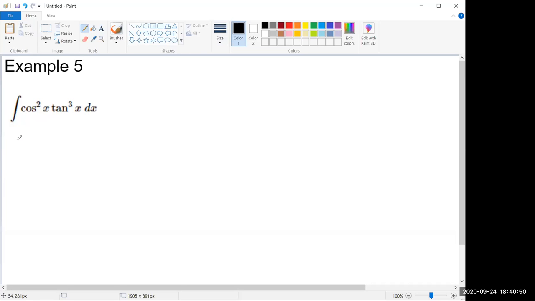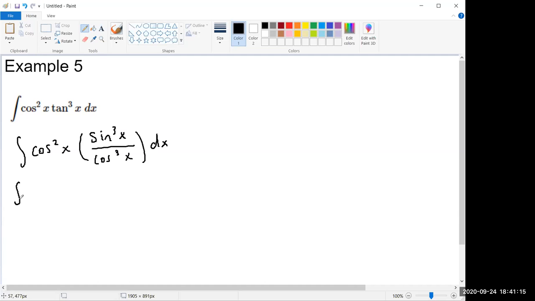So if we do that, this will be cosine square root of x. Tangent is sine over cosine, like this. Okay, and then some cosines cancel out, right?